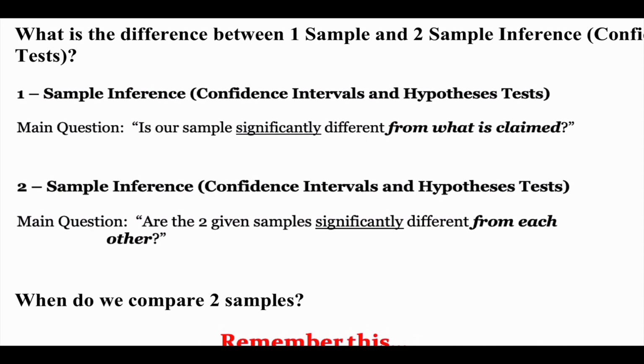If it is significantly different, then we reject. If it's not significantly different, then we fail to reject. That's what one sample is: comparing our sample versus what's claimed, the national average, or whatever is being claimed by a company.